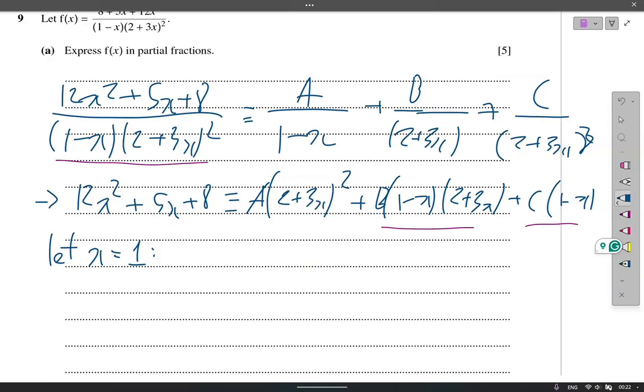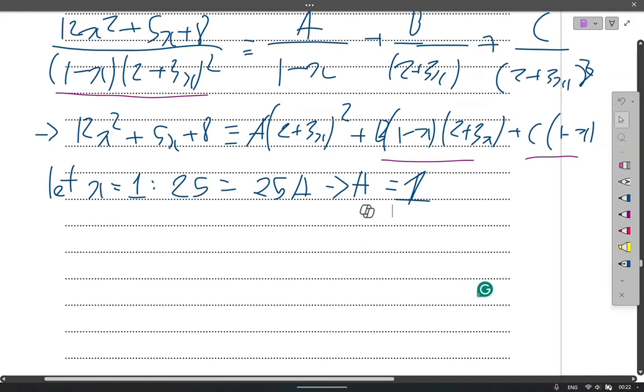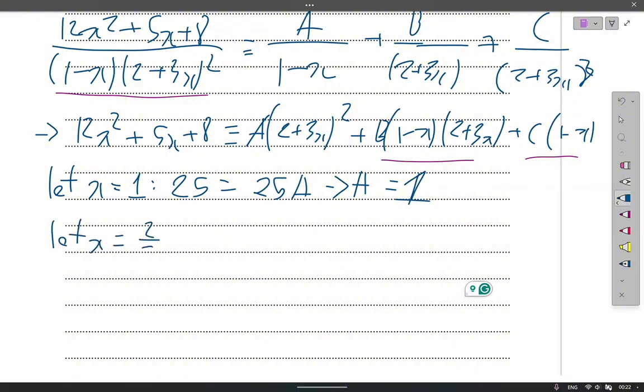When you assume x equals 1, the left hand side becomes just 25 and this side becomes just 25a, which means a is equal to just 1. In the second case, I'm going to choose x equals minus 2 or 3.